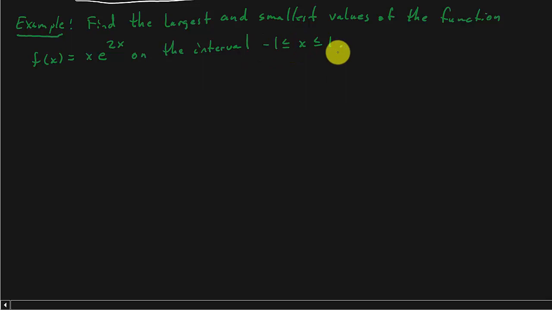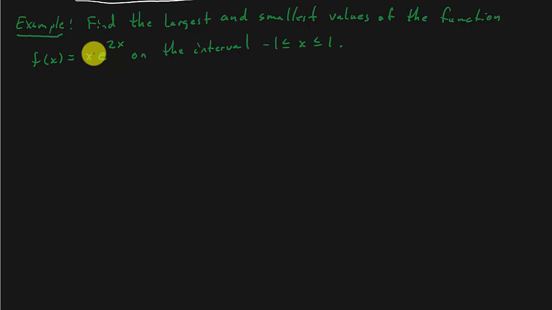The smallest value is the absolute minimum, the largest value is the absolute maximum. And like I said before, the only difference is you just didn't know how to find the derivative of e raised to a power. The procedure is the same that we did earlier.